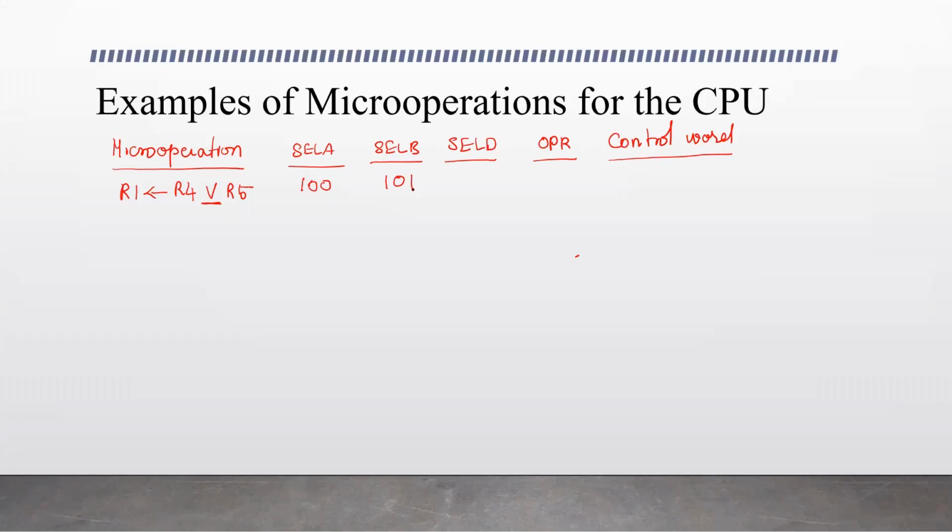Multiplexer B selects R5 when the selection input is 101. And selection D, the destination is R1 here. So selection input D needs to be 001 to select the first register R1. And what is OPR? It is the operation performed as OR.